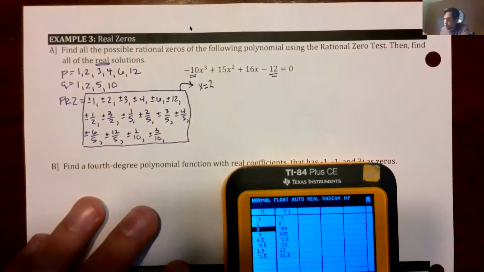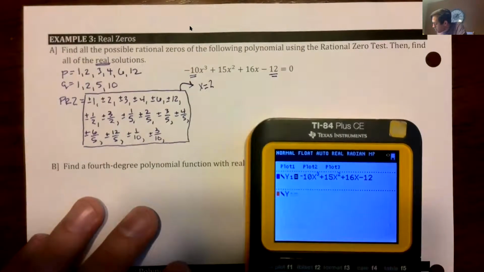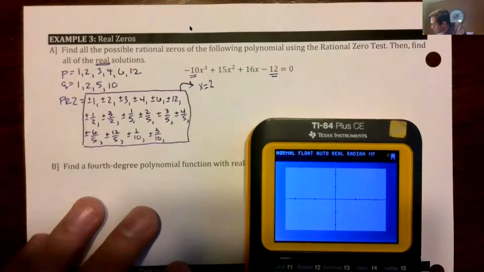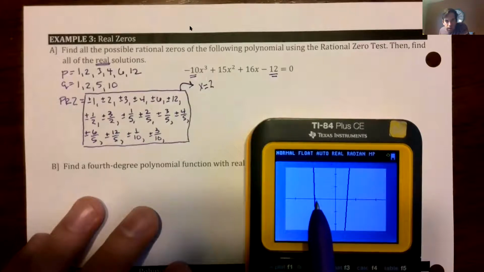We have one at 2. Let's try to zoom in here. Maybe if we zoom in, we'll be able to tell better. Oh, okay, so I don't know if it's showing up well on camera, but this blue curve is a little bit to the left of the mark, so it's not quite at the negative 1.